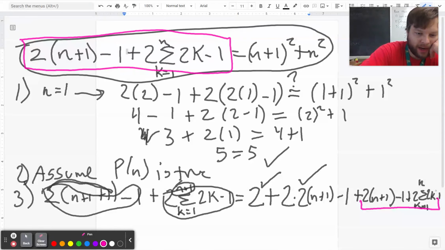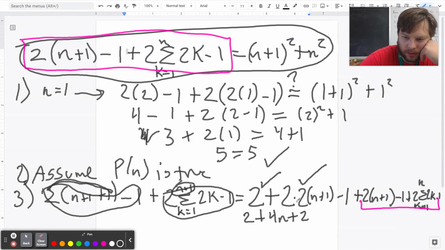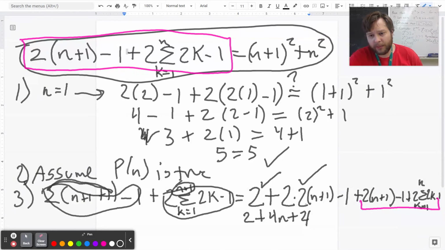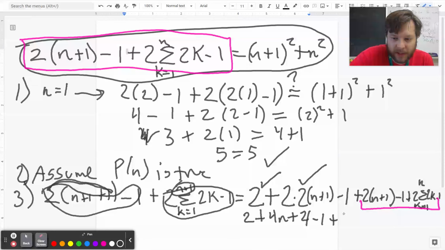So I'm going to multiply out the terms on the left, giving me 2 plus 4n plus 4, excuse me. This 2 times 2 times 1 minus 1 plus the induction hypothesis, n plus 1 squared plus n squared.